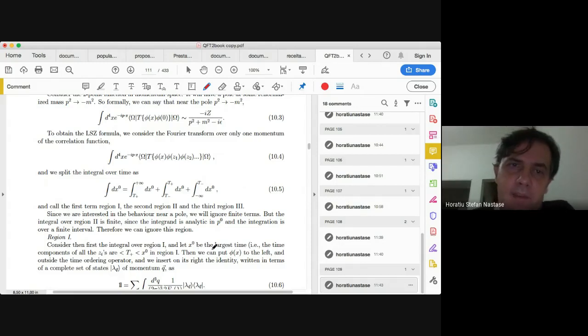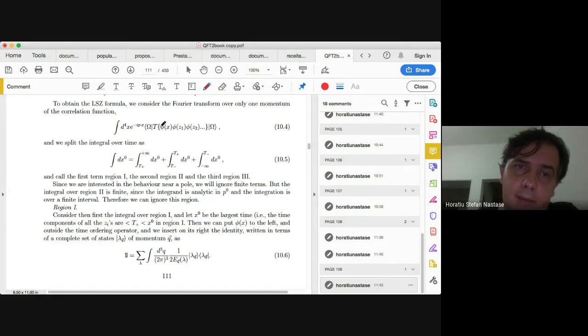All right. If that is the case, then since the symbol T is time ordering, which puts to the left the largest time, I can just pull phi of x outside of the T operator, the time ordering operator, and then I can insert the identity on the right of phi of x.